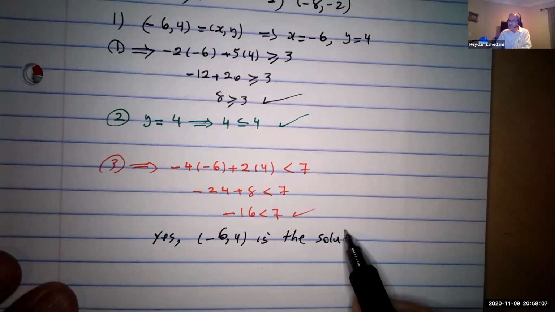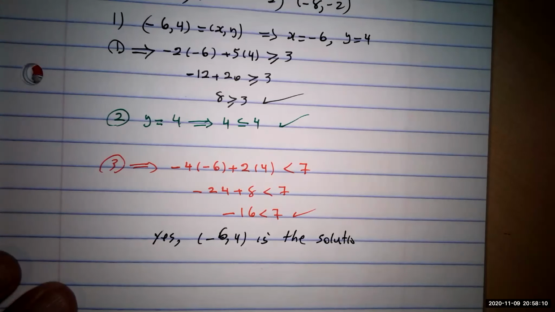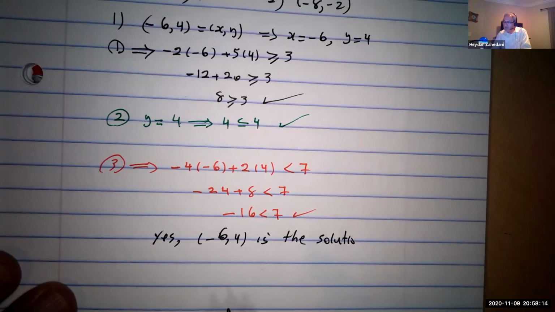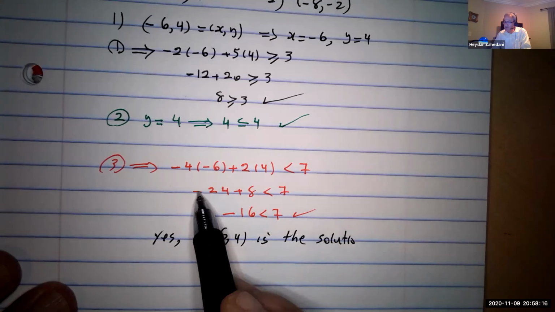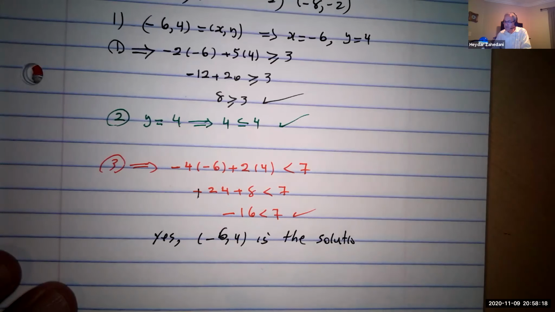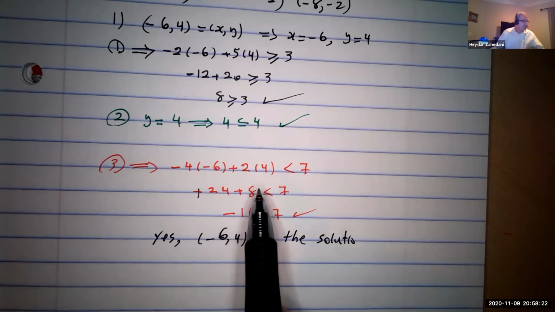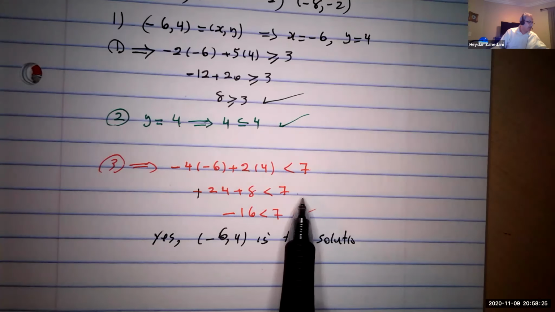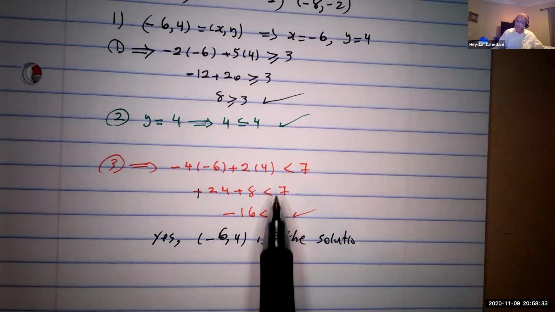Wait, don't the -4 times -6 equal +24? Oh, is it? Positive 24. Yes. So it's going to be the other way around. So it does not satisfy. Let me check to see what's that form. That's just double check.